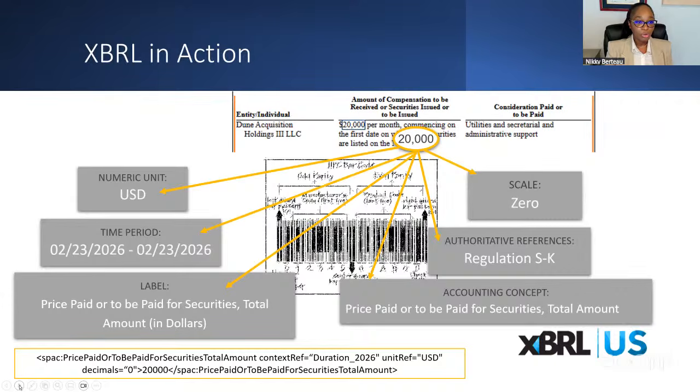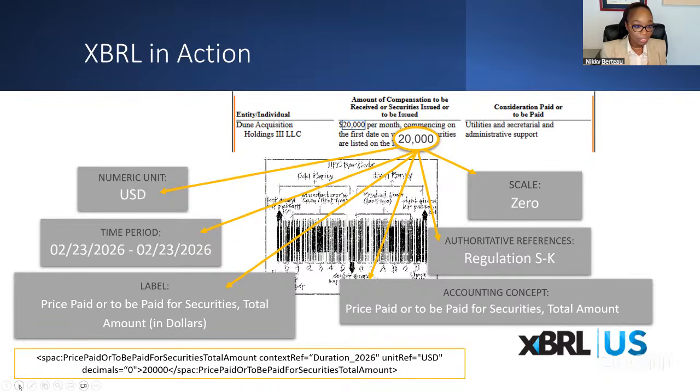Okay, so this slide shows what that would look like ultimately in practice. So this is an example of a tagged fact. You have a single reported number like this 20,000 you see here highlighted. And this is not just a number in XBRL, right? It's tagged with all of this additional context that explains exactly what it represents. So that includes things like the numeric unit, which you see is USD, the time period, which we see is February 23rd, 2026. The label is shown here.